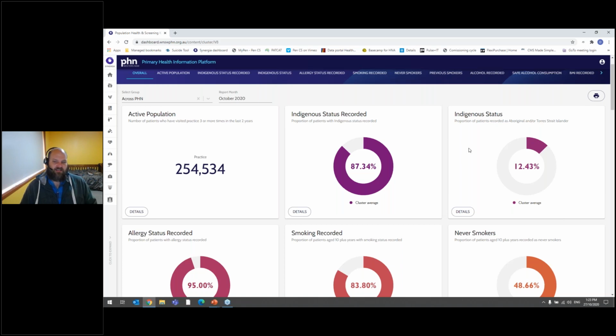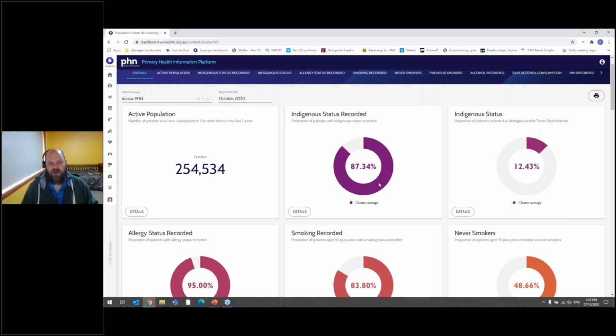And that's where the next indicator helps here, as you can see that the proportion of patients that are Aboriginal that are accessing services and make up the active population is roughly the same as that which makes up the population of our region, which is roughly 11%. So to me, that's a really positive indicator.